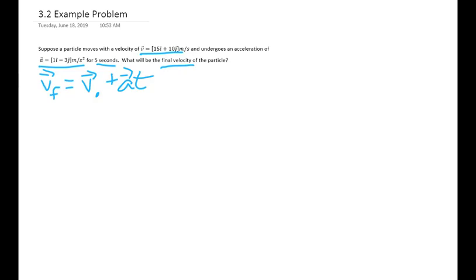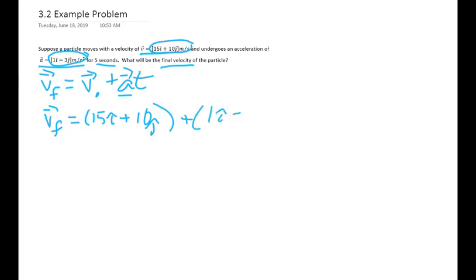And so in using vector notation, I'm going to do my v final equals, I'm going to take my initial velocity right here and put that into my formula, plus now my acceleration right here, and I'm going to substitute in my time of 5 seconds.